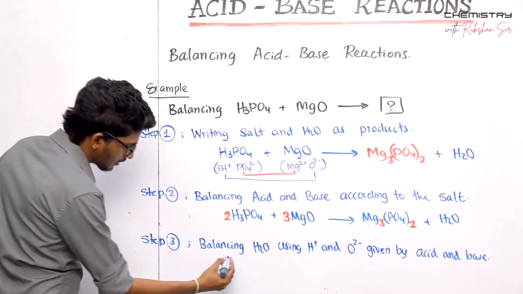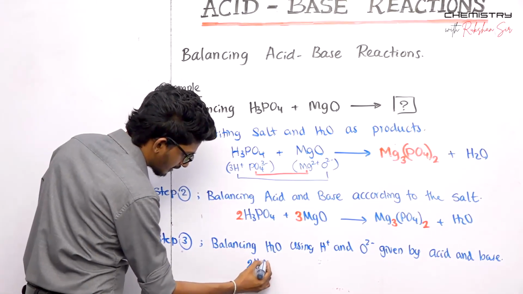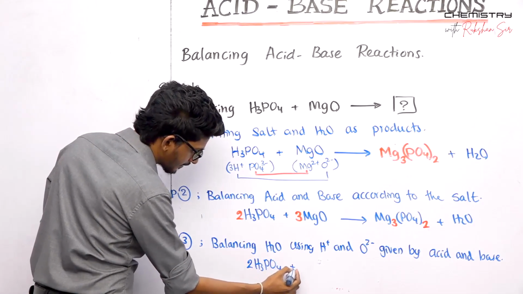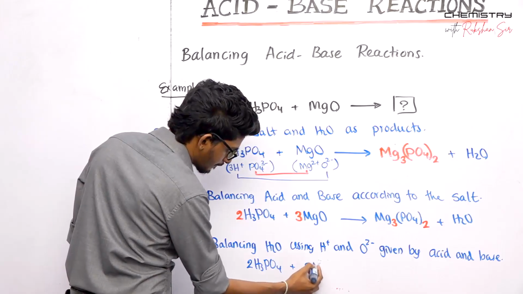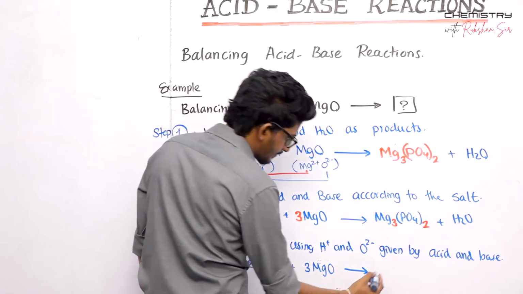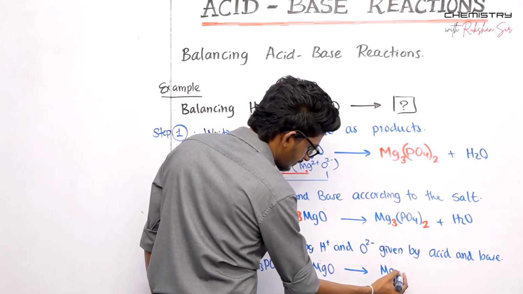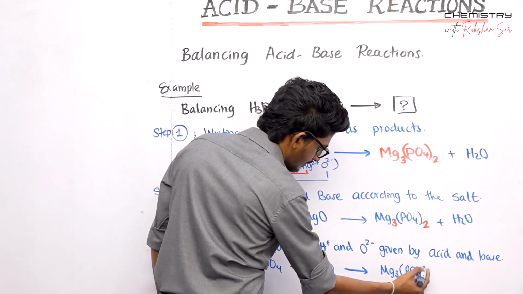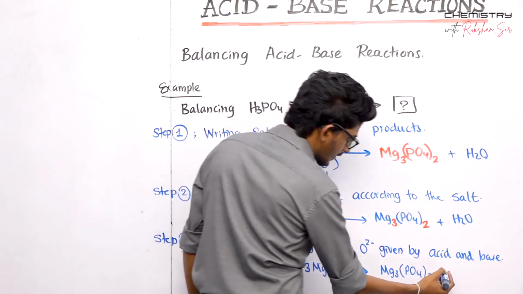So you have 2 of H3PO4 here, plus 3 of magnesium oxide, giving you magnesium phosphate plus water.